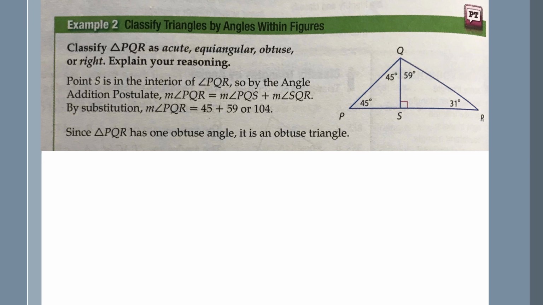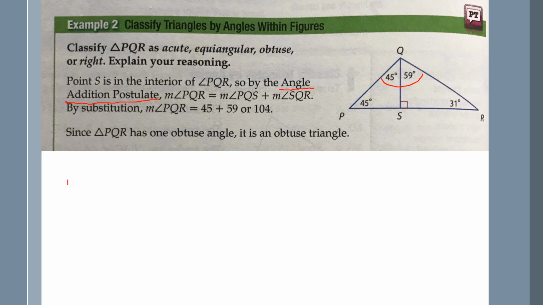Okay, so let's take a look at this. We have triangle PQR. Is it acute, equiangular, obtuse, or right? So I have this entire angle here, right? And as it says right here, because of the angle addition postulate, we can take those two measurements and add them together.